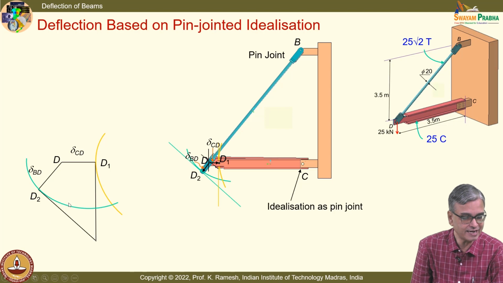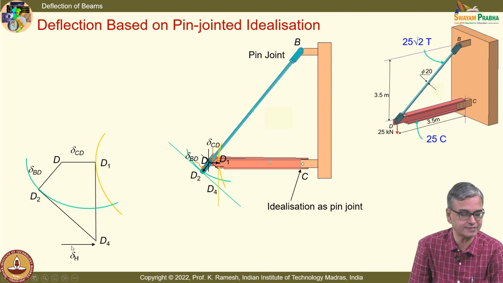Let us understand how I calculate the horizontal shift as well as the vertical deflection from this diagram. I have to process this diagram. So I can see from the diagram that the horizontal movement of point D is nothing but delta CD.